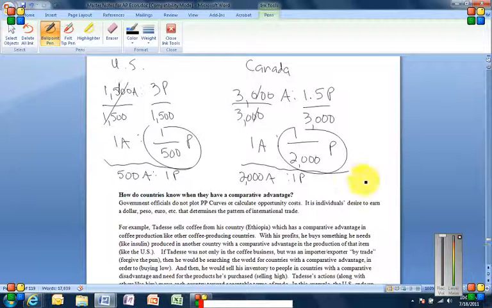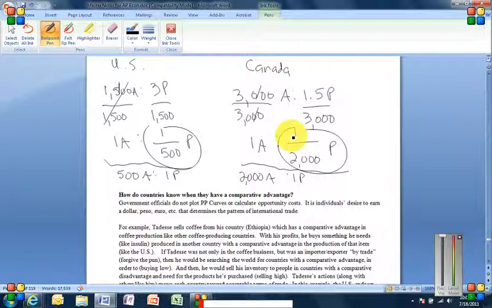But the reality is that these numbers aren't being calculated somewhere and used to make decisions with regards to whether or not to trade with the different trading partners that countries consider trading with. It's actually individuals' desire to earn a dollar, a peso, a euro, whatever currency matters to them, that determines the pattern of international trade.